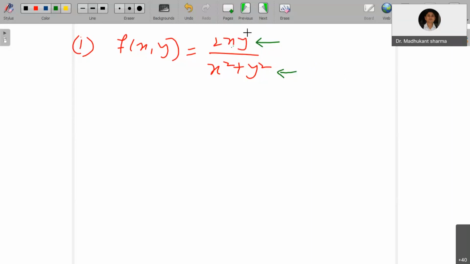When they are sitting in a division, x by y, the powers are subtracted. When you have a division, you have subtraction. When you have a product, you have addition. I hope that can be understood very well. Okay, so the numerator can be understood as being of degree 2. Similarly, take a careful look at x square plus y square.